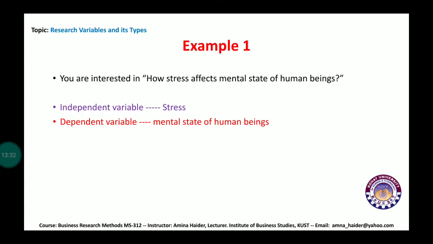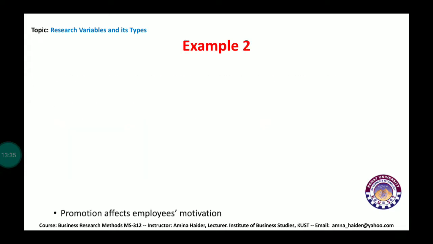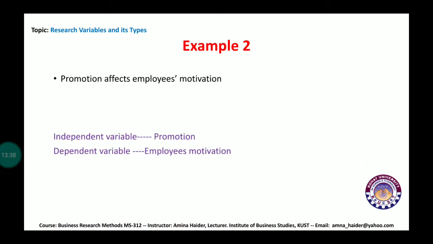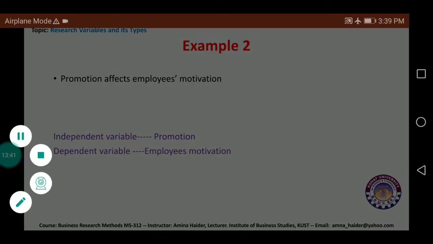Moving towards another example: promotion affects employees' motivation. Promotion is the independent variable and the dependent variable is the employee motivation. More promotion would lead to more motivated employees. So bringing a change in the promotion variable would affect the motivation of the employees.